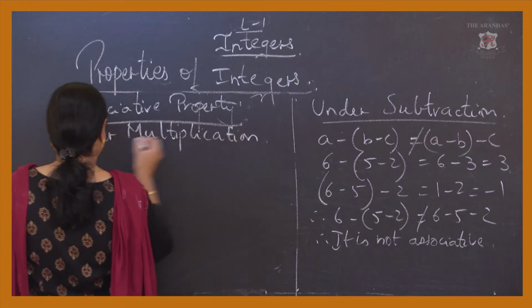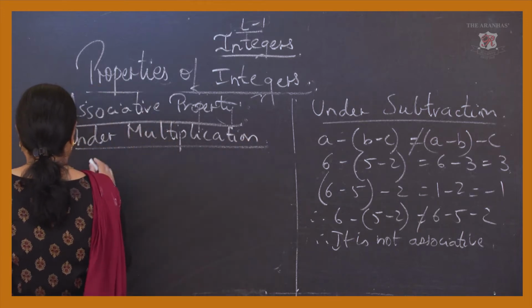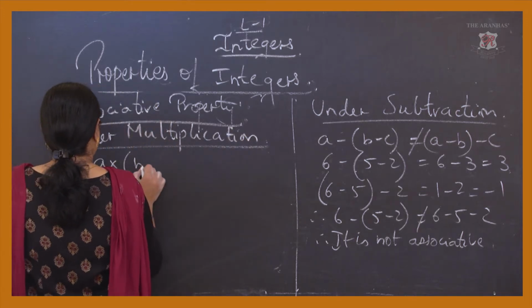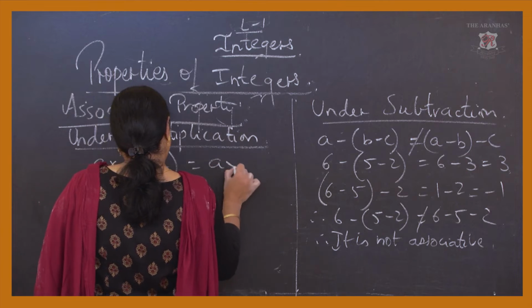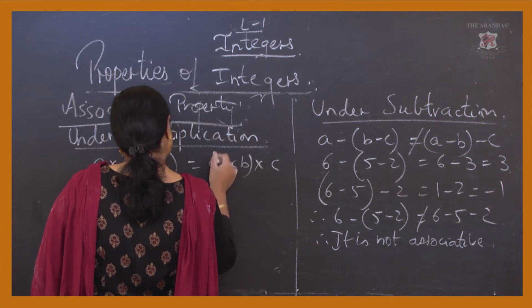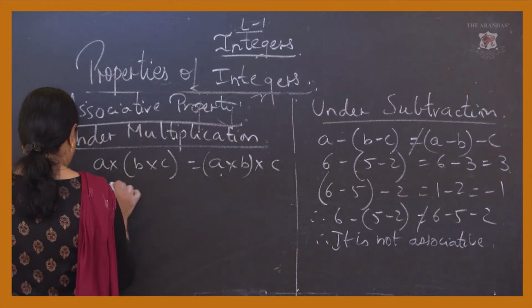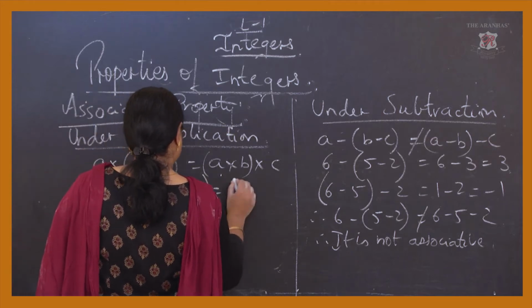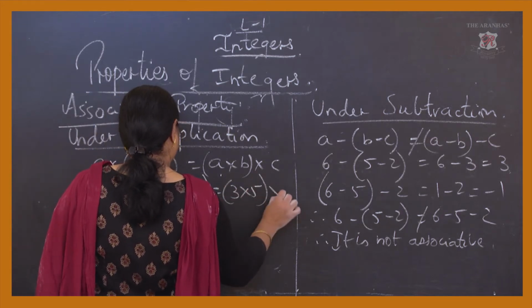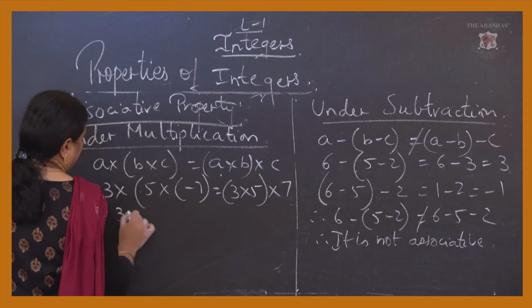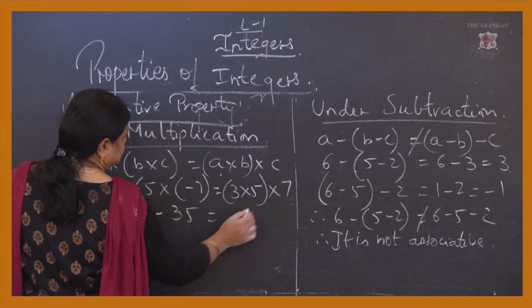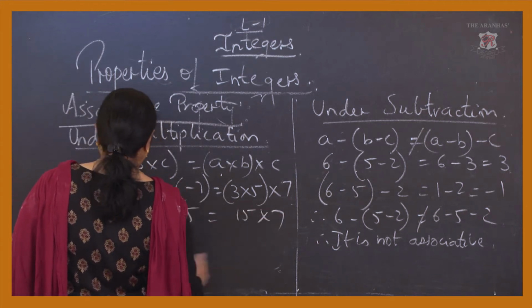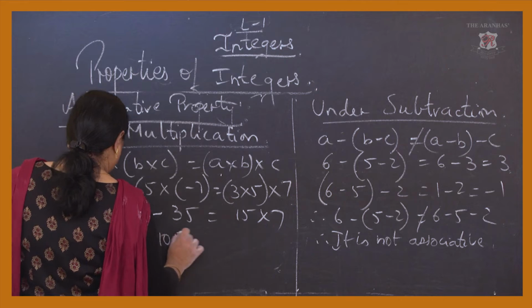Now, under your multiplication, what it will be is A into B into C is equal to A into B into C. Okay, so 3 into 5 into minus 7 is equal to 3 into 5 into 7. So 3 into minus 35 is equal to 15 into 7, which will give you minus 105.